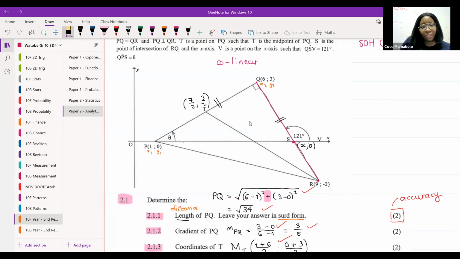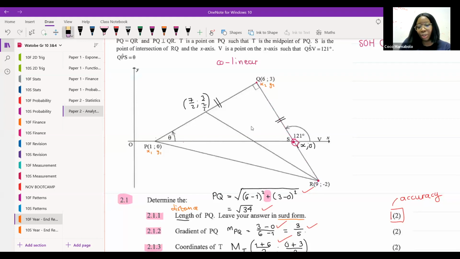Which equation can we find instead? This one is collinear with Q and R. So instead of finding the equation of the line at S, I can find the equation of the line QR. Can you do that for me?